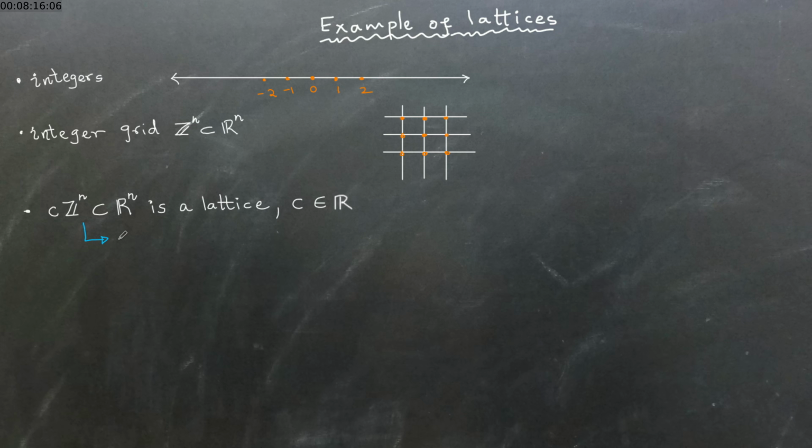Using this rule, we can see that since the integers form a one-dimensional lattice, the even integers, which are scaled by 2, form a lattice. Similarly, all multiples of 3, which are scaled by 3, form a lattice.